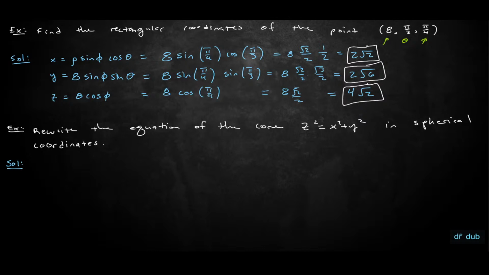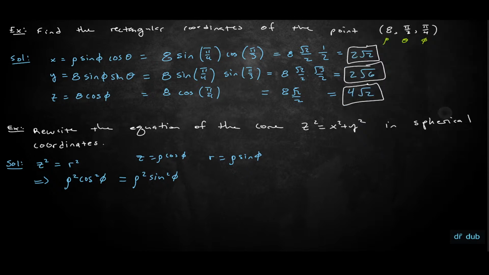Probably what we want to do is say that this is going to be z squared equals r squared. And recall that z is rho cosine of phi, and r is rho sine of phi. So that would tell me that rho squared cosine squared phi would be equal to rho squared sine squared phi.